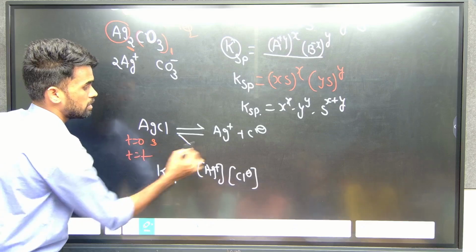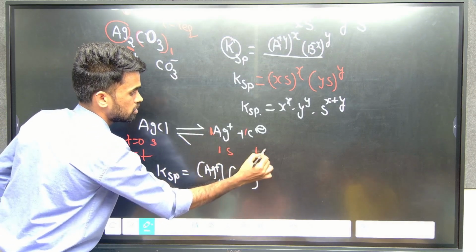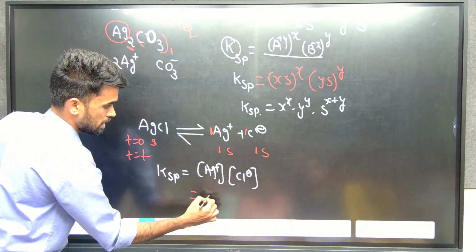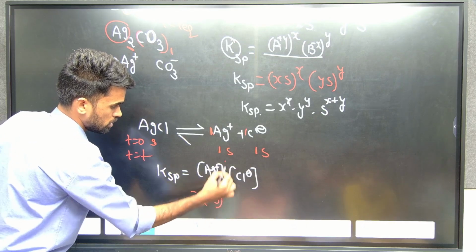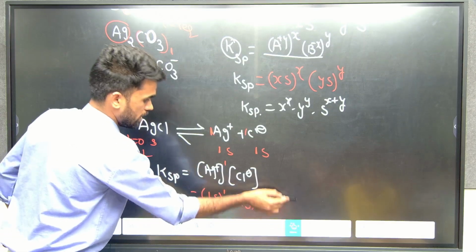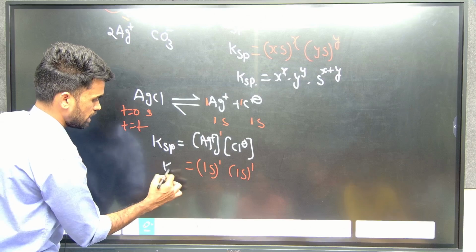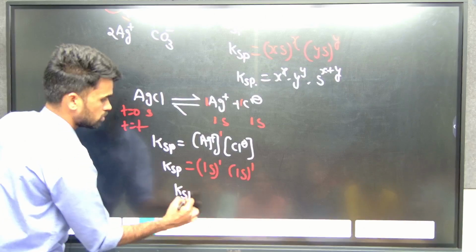After some time t, it will be how much? 1s. So you can write it as 1s to the power 1. Solubility product will be Ksp equals S into S, S square.